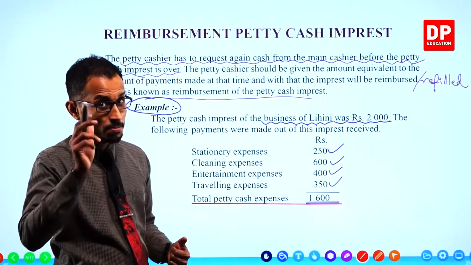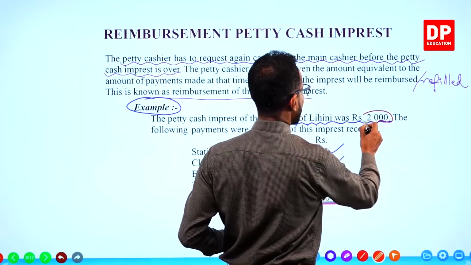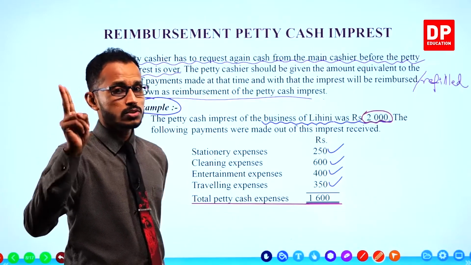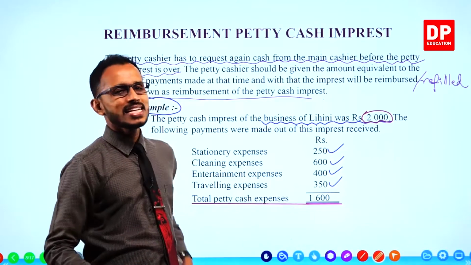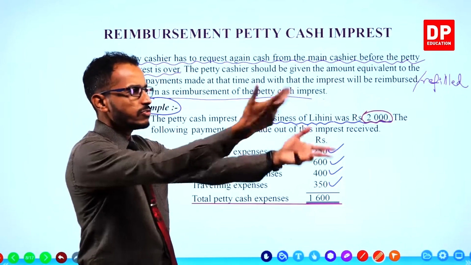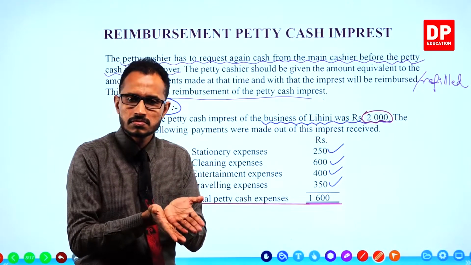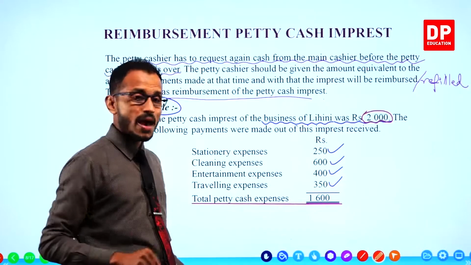But what is his impressed? Now tell me, what is the impressed? Impressed is 2,000. So has the petty cashier spent the entire fund for the petty cash expenses? No. What is his balance?